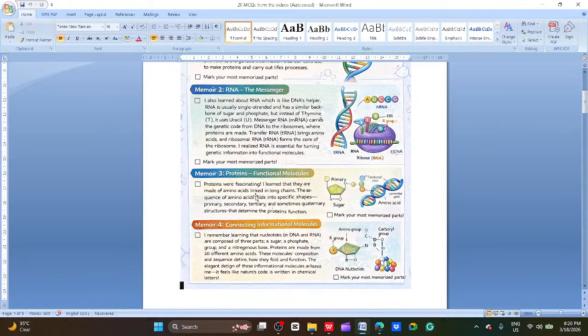Then the third macromolecules that you must also know as informational molecules are the proteins. Proteins are fascinating. They are made up of 20 amino acids which are linked together. The sequence of these amino acids and the types of folding will predict the structure and the function. The way the amino acids are linked together sends certain information across to us.